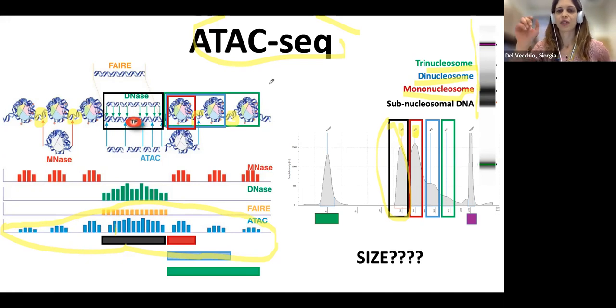Of course, we are not looking at just the DNA coming from the nucleosome itself, not just the DNA coming from our sample. We have the adapters attached to it. So that's why it's not just 150, but on top of that you have to add the size of the adapters. That's why the final size is 298.